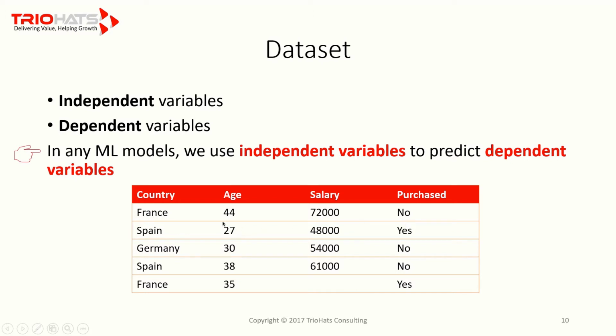But a person having the age 27 and salary 48,000 did purchase the car. Maybe the car was a sports car, that is why he purchased, right? So based on these two different columns, we predicted whether a person will purchase the car or not. So these two columns, age and salary, will become the independent variables, and the purchased column will become the dependent variable.